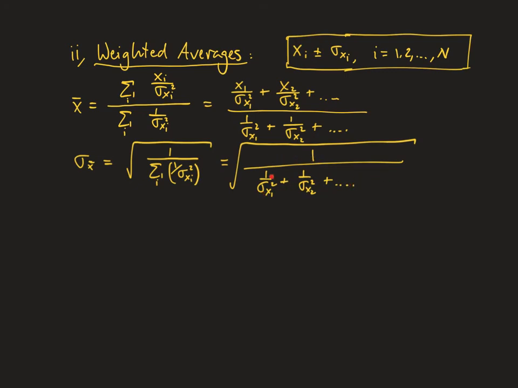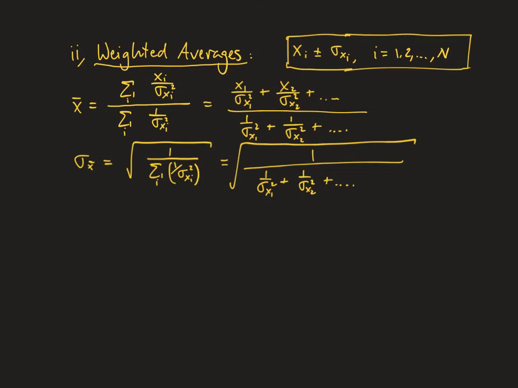It'll be 1 over this number, more or less, which will be sigma x1 squared. And then we take the square root, so we get sigma x1. So if one of these uncertainties is really, really small, then to a good approximation, sigma of the average x bar is more or less the value of the one that's much smaller than all the other ones.